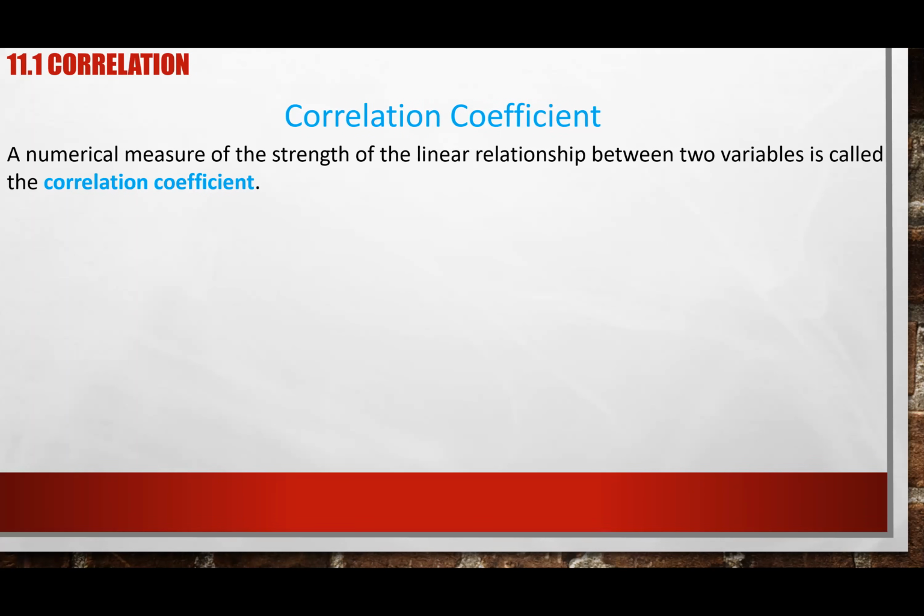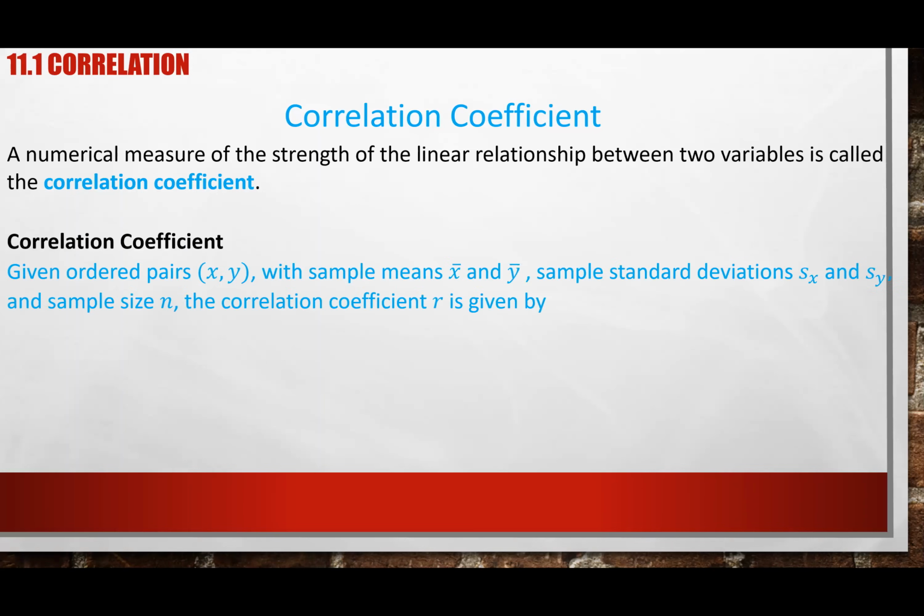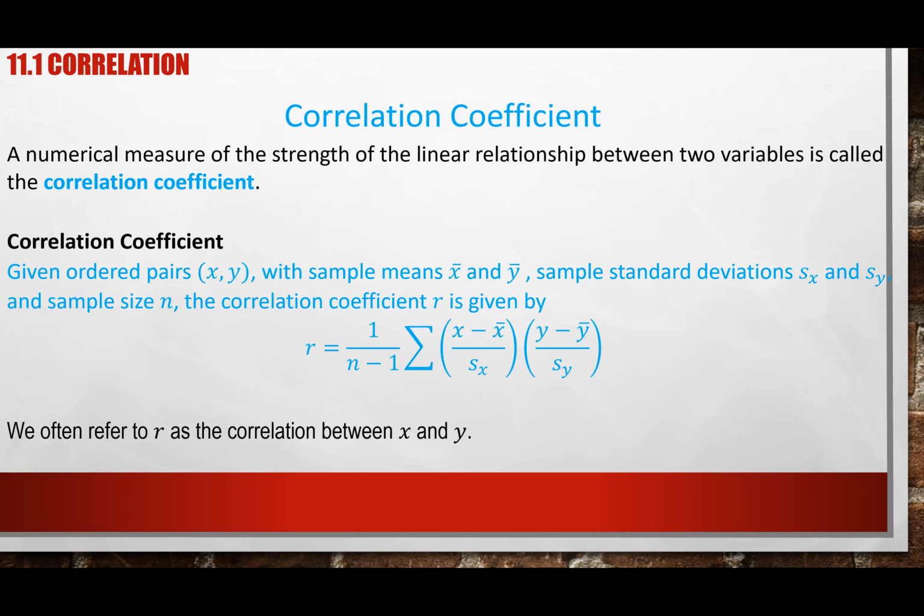So the next thing we have is the correlation coefficient. The correlation coefficient is basically the number that measures the strength, right? The number that tells us how strong the relationship is. So this is your formula, ladies and gentlemen, the R, which we call the correlation coefficient.